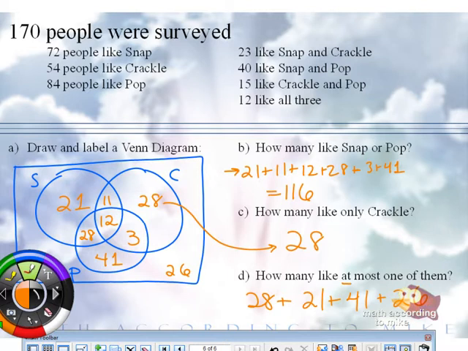So remember, at most means less than or equal to. So that means they like one or they like none. So these numbers are the ones that like one, and this number is the one that likes none of them. What is 28 plus 21 plus 41 plus 26?